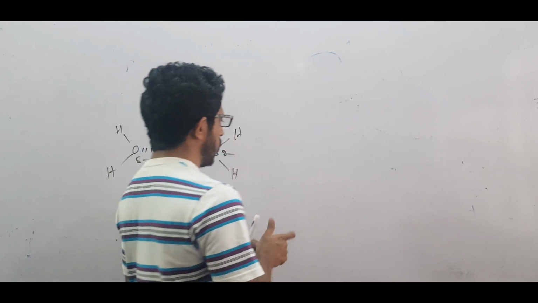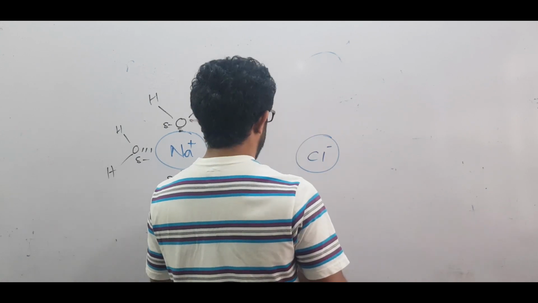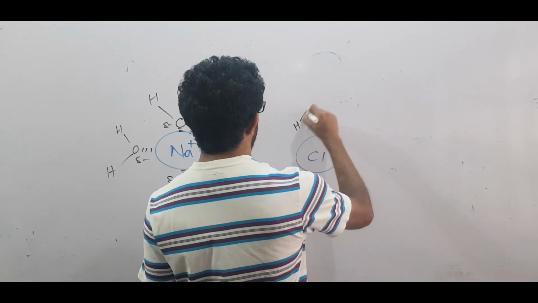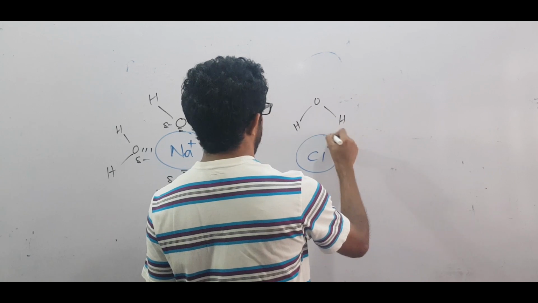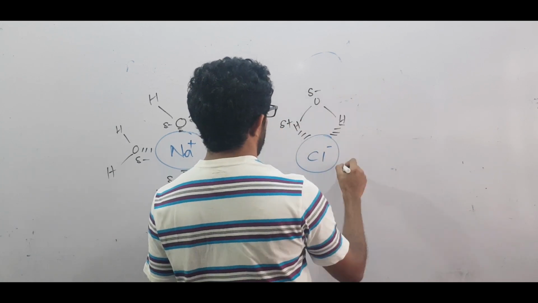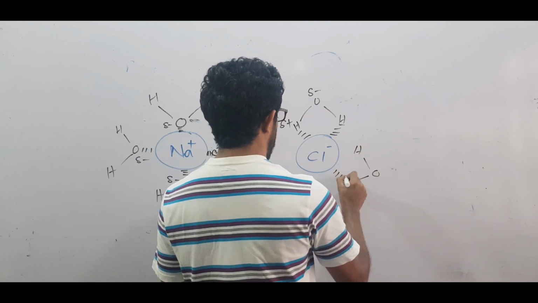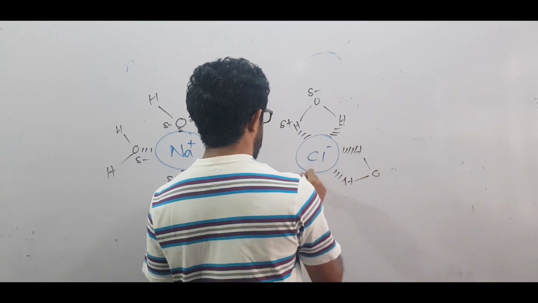Similarly, chloride forms ion dipole attractive forces, but with the delta positive hydrogen.